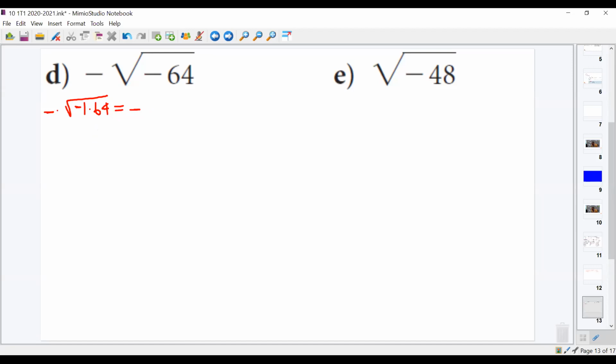Let's see. Over here, I've got to move it. Susana Benitez. Ms. Benitez, I want to reorganize this exercise. And what should go next? Negative square root of -1 times the square root of 64. Negative times the square root of -1 times the square root of 64.